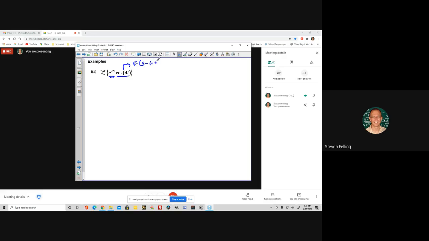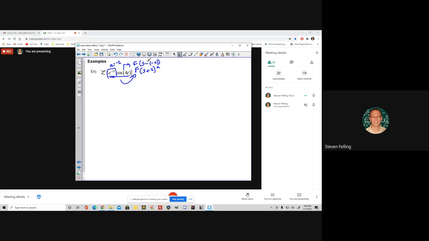When we're done, we're going to figure out what the Laplace transform of the cosine is, but then we're just going to plug in s plus 2 everywhere instead of s. That's the way we handle multiplying by e to the negative 2t. Identify what a is. A is negative 2, and then write s minus a. Then figure out what the Laplace transform is of the rest of the function, and plug in s plus 2 instead of s.